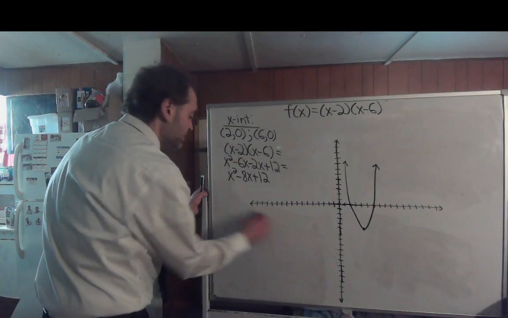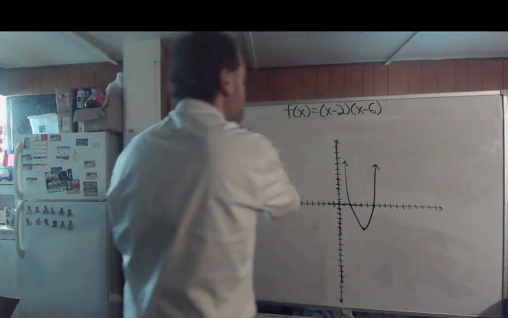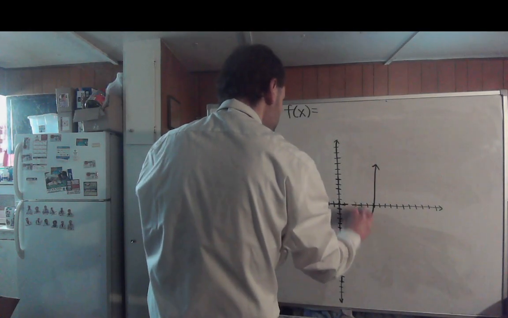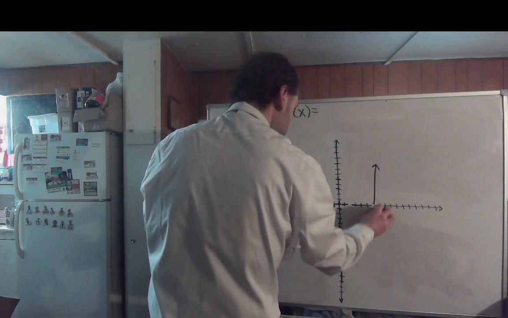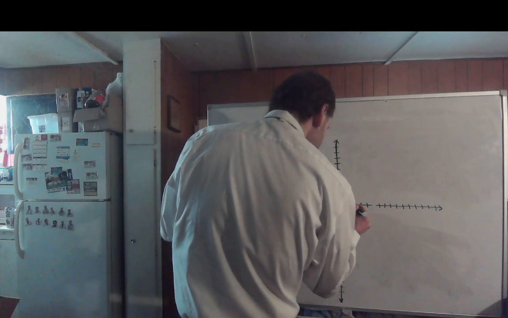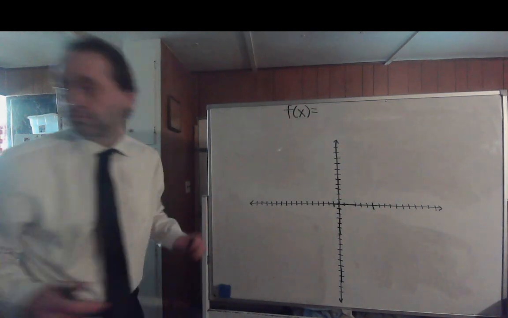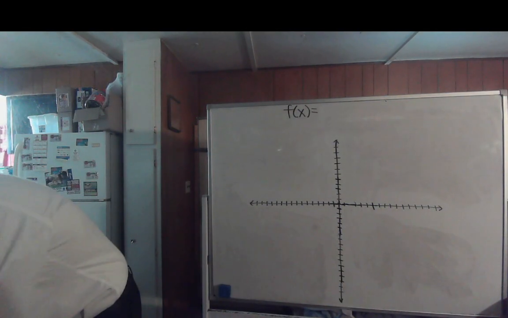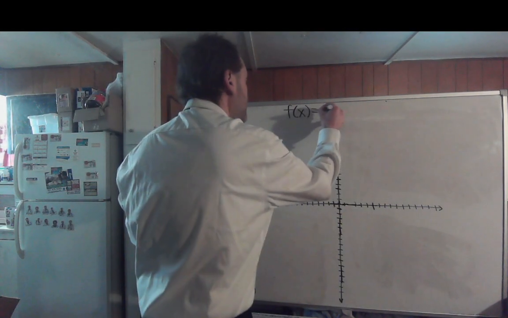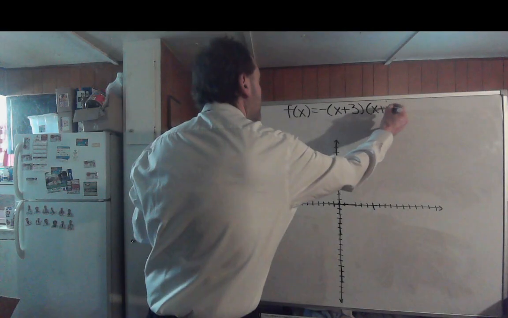Let's do a few more of these. All right, y equals the negative of x plus 3 times x plus 5.